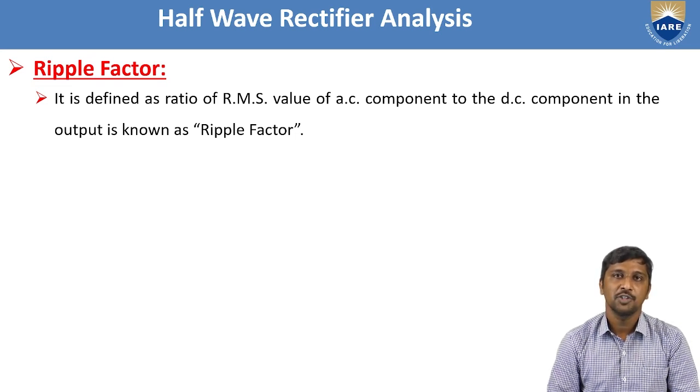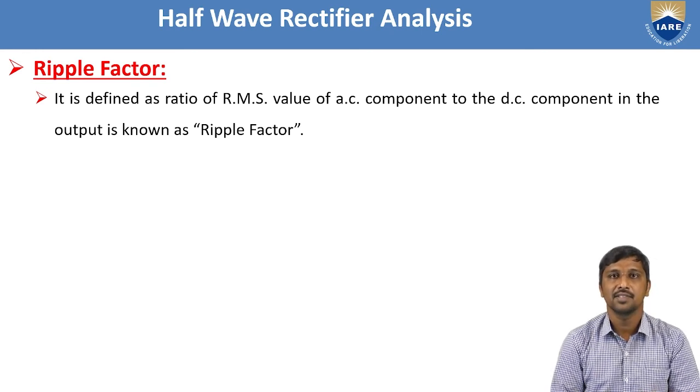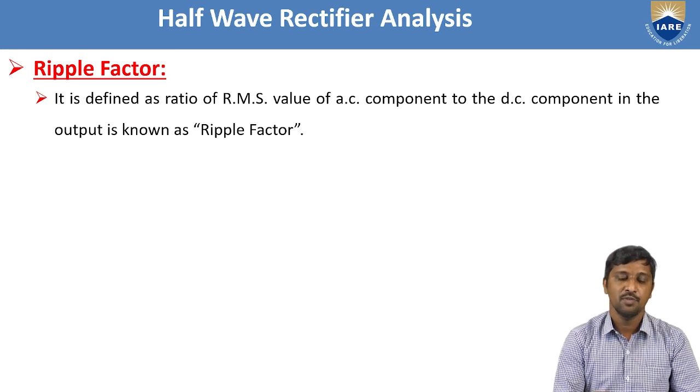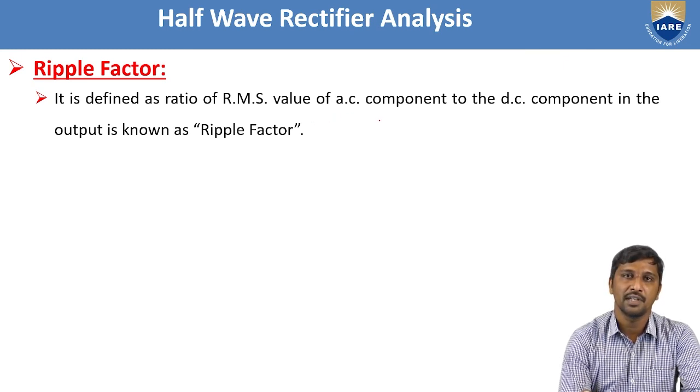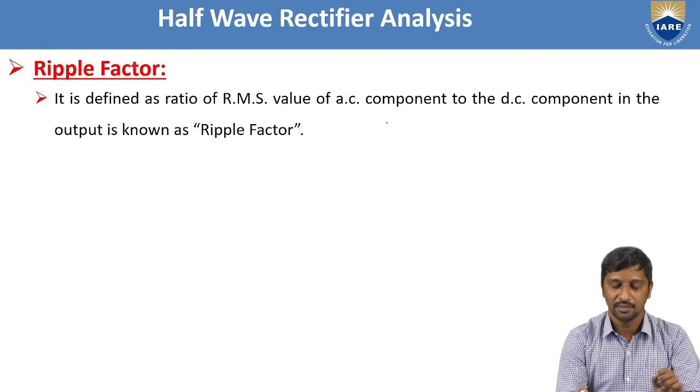That is measured using a factor called the ripple factor. The ripple factor is defined as the ratio of the RMS value of the AC component to the DC component.